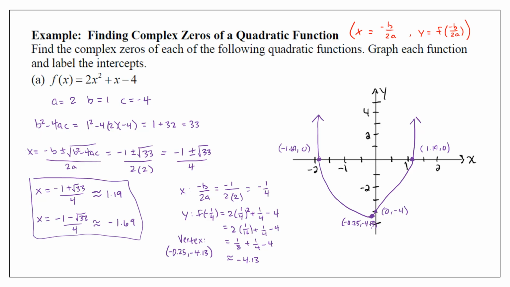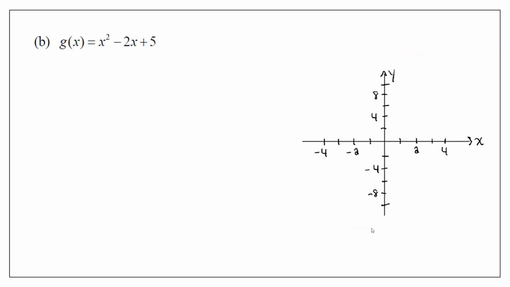All right, let's do another one. g of x equals x squared minus 2x plus 5. So our a equals 1, our b equals negative 2, and our c equals 5. So let's find our b squared minus 4ac. So that would be negative 2 squared minus 4 times 1 times 5.